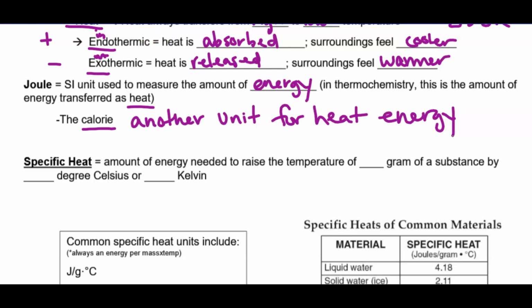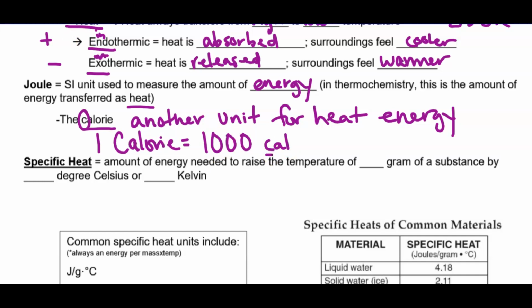Now, this is a little c calorie. That is different than the big C calorie that we see on the back of our food labels. So, one big C calorie is equal to 1,000 little c calories. Okay?